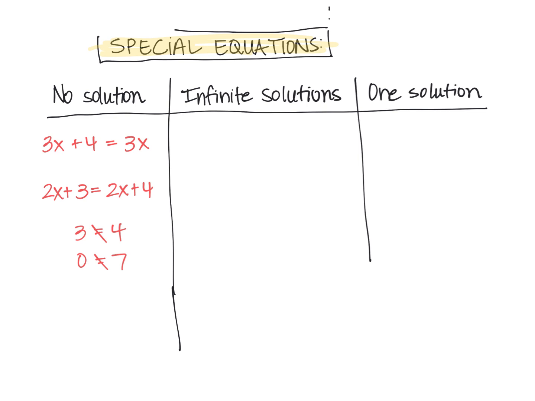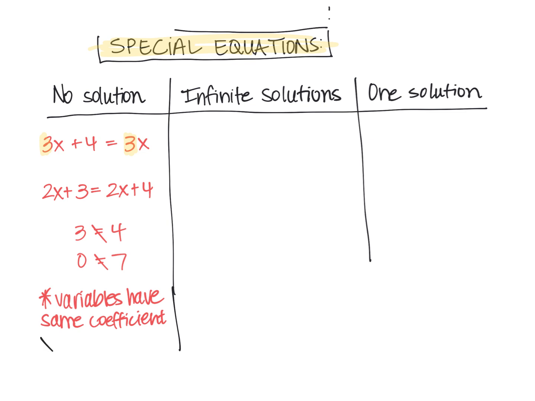Okay, some clues that will help you figure out if there's no solution is if the variables have the same coefficient. Remember, coefficient is like the 3 part. So like this right here. They have the same coefficient.